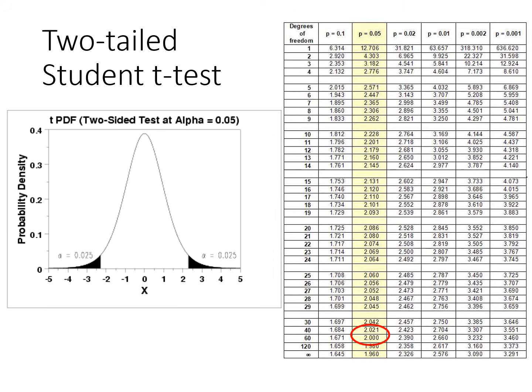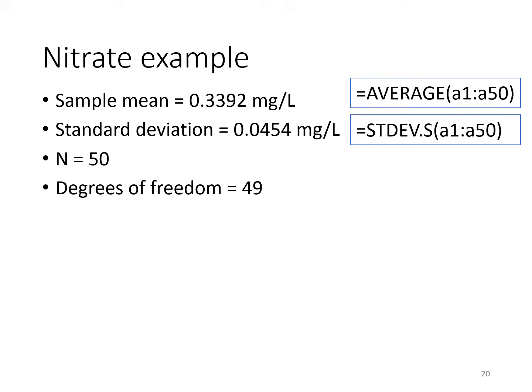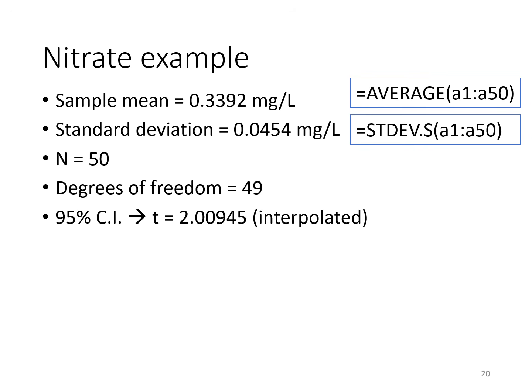We don't have a value for 49, so we have to interpolate between the two values that are given. And so we've calculated now the t-value from the student t-table, and that is t is equal to 2.00945, so it's interpolated between those two values. That is what we need to calculate the 95% confidence interval.